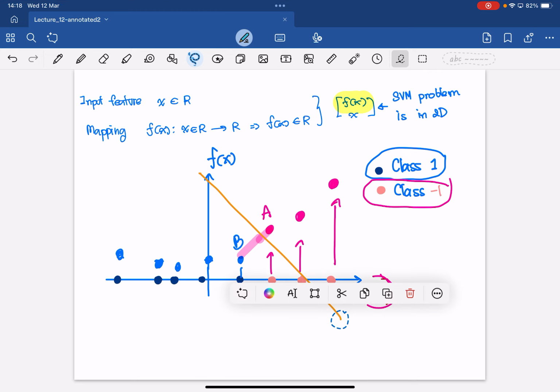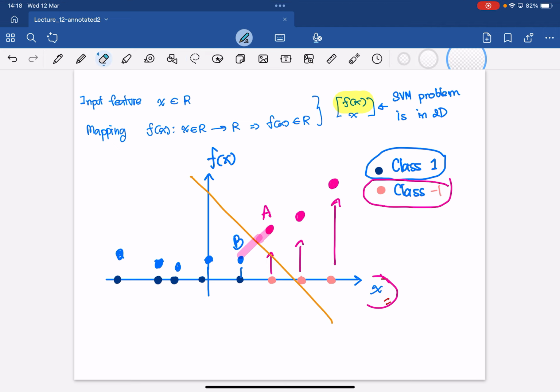Or actually another thing it should do: if it's perfectly aligned between the two, and you draw a straight line between A and B, as it tries to maximize the distance between the two classes, the hyperplane should be orthogonal to that line to the closest points.